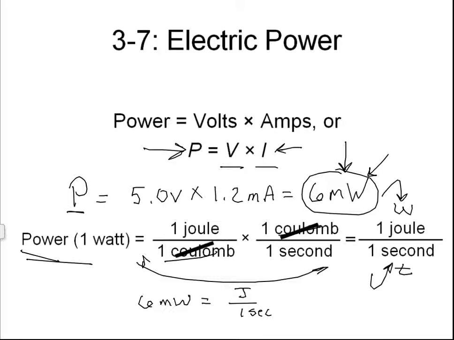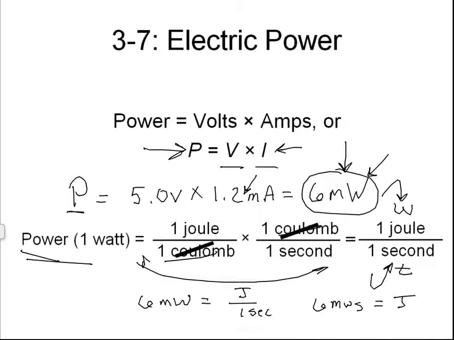My measurement for current is that much current flow in 1 second. So 6 milliwatts every second the thing runs. So 6 milliwatts equals 1 joule per second, or 6 milliwatt seconds equals joules.